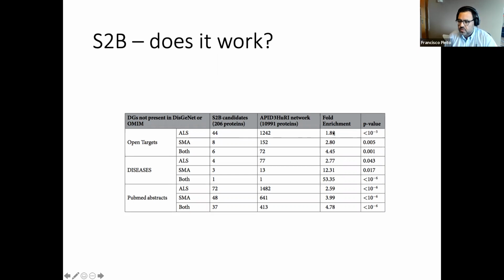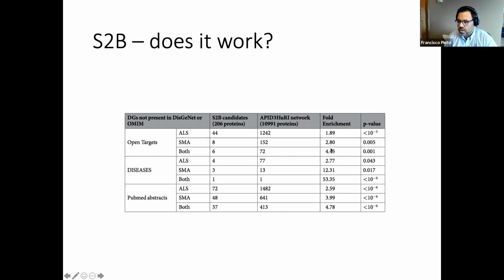For SMA, it was around 3 times more frequent than expected by chance. And for genes that, according to Open Targets, were both simultaneously related to ALS and SMA, we get a 4.5 times higher frequency of these double associated genes than expected by chance.